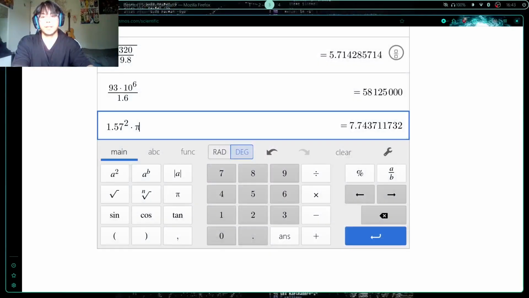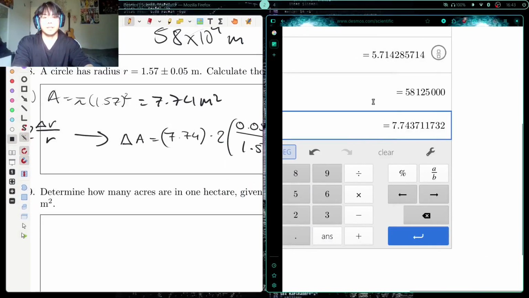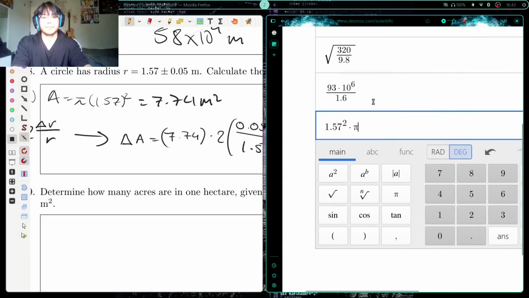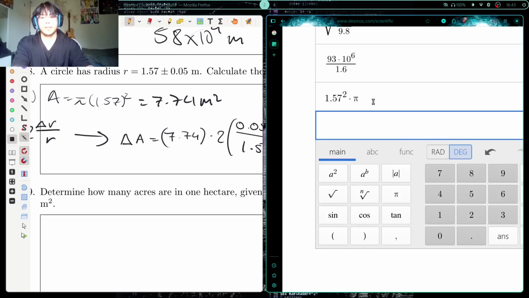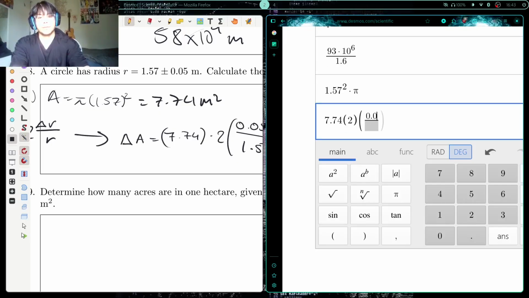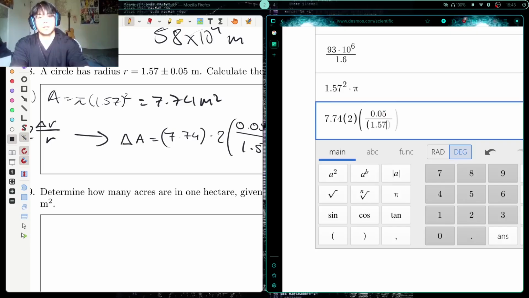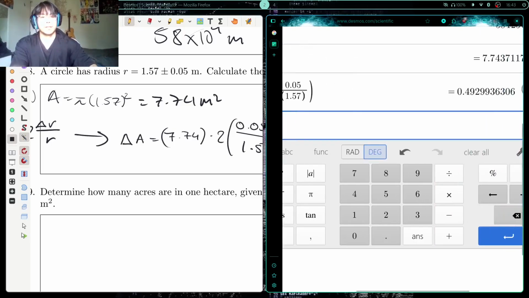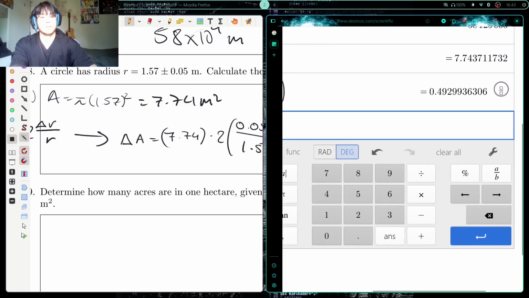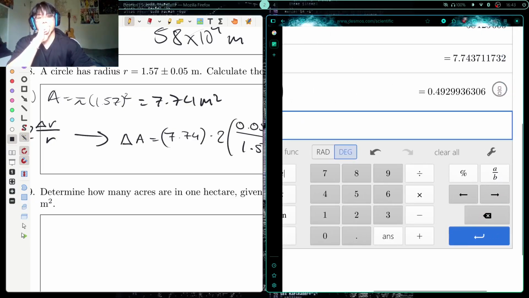So what we can do is just bring this here. 7.74 times 2 times 0.05 over 1.57, which is 0.49.